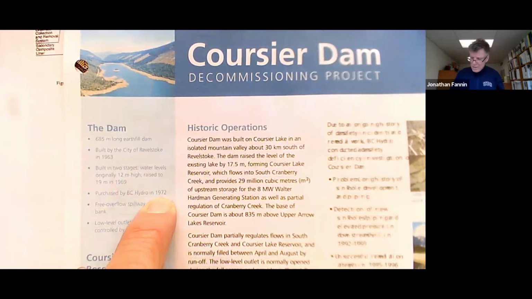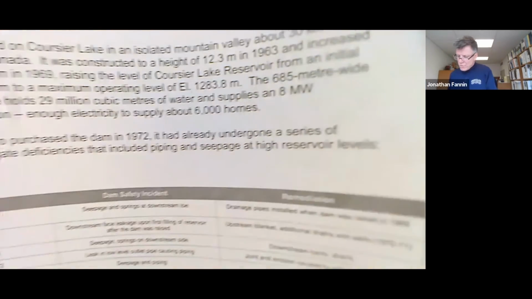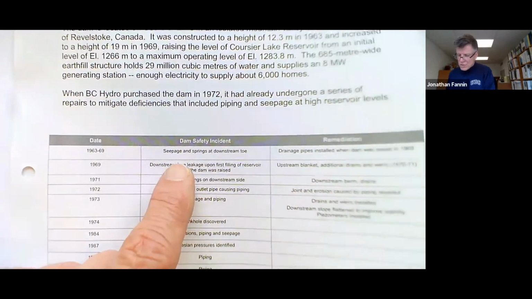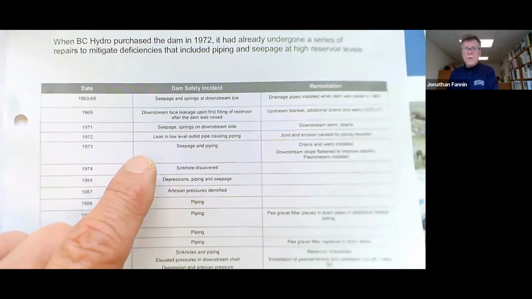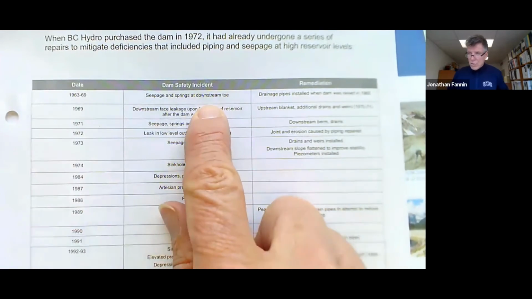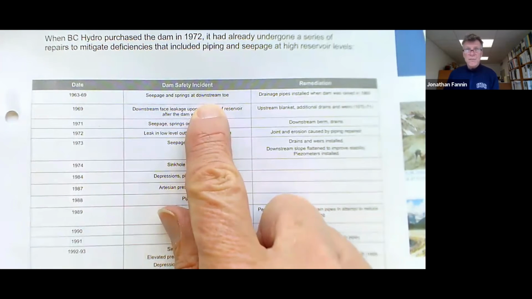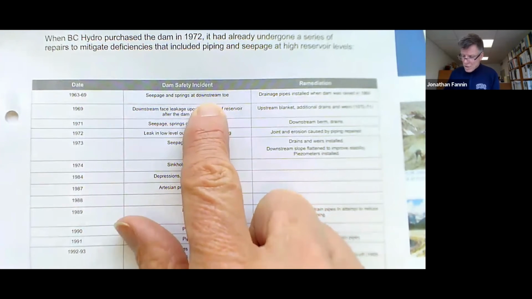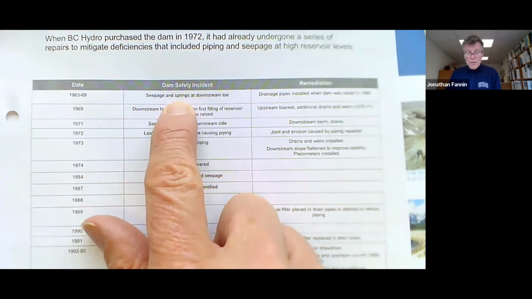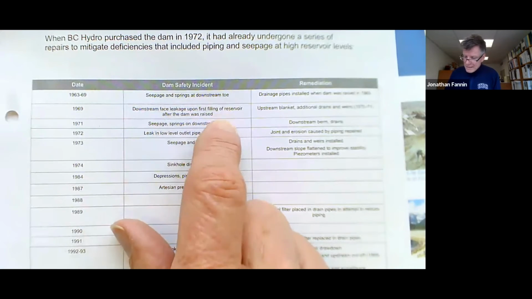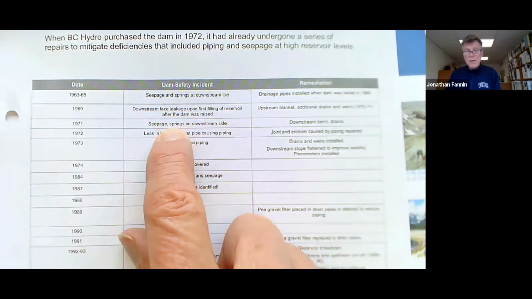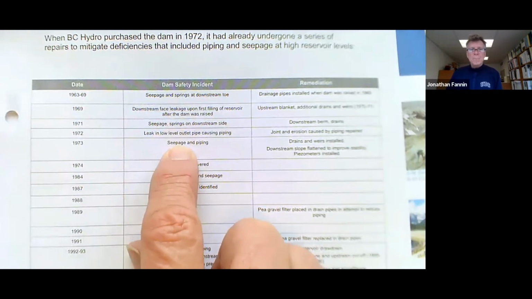And in the period before acquiring it, Hydro was aware of some of the challenges. And what were those challenges? Those challenges, and I'm taking information from work reported by a very good colleague, now retired and friend from BC Hydro, Steve Garner, amongst others, who documented the nature of seepage and face leakage and seepage and springs, piping.